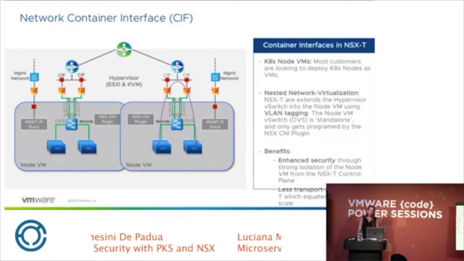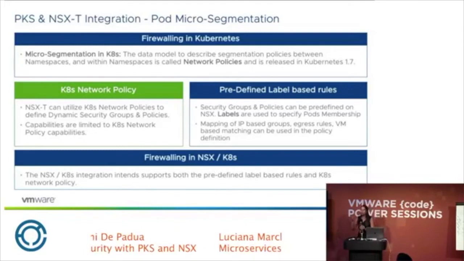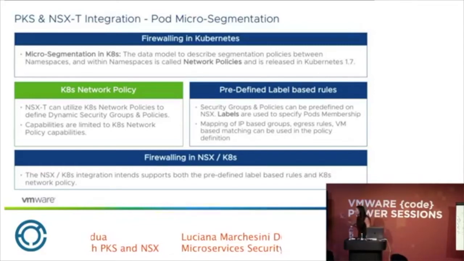So guys, as far as the policies, what do we have for micro-segmentation? And then I'll talk a little bit about how that micro-segmentation is also going to work for microservices. So as far as policies, there are 2 levels of policies.